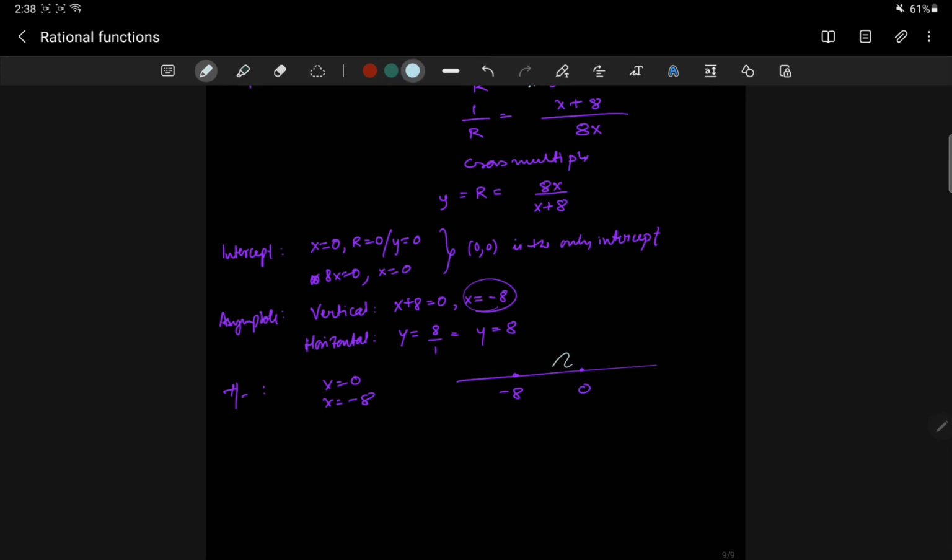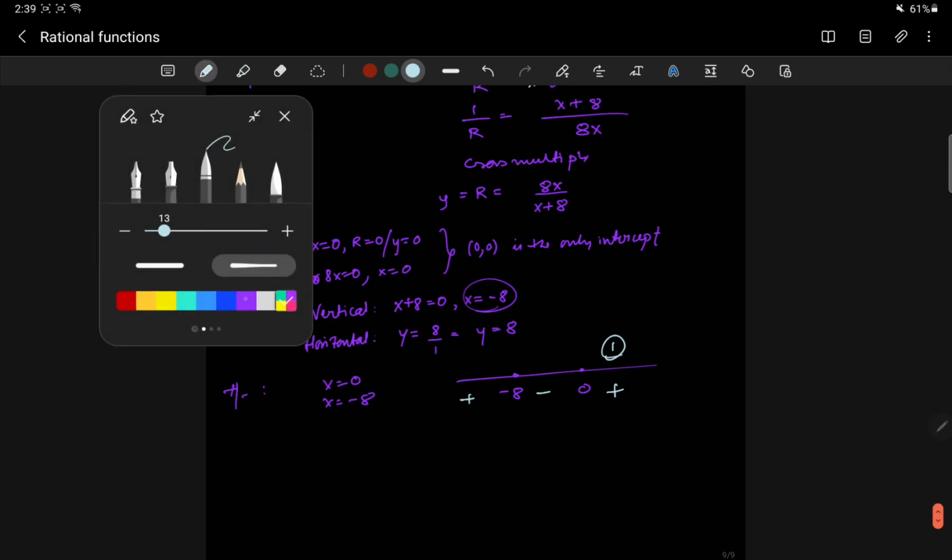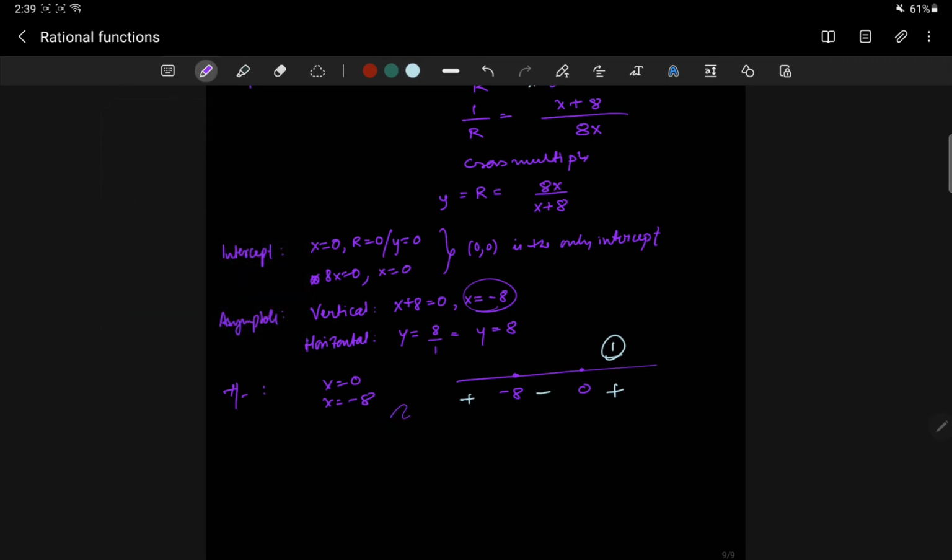Let's pick some value. Probably an easy one to pick here is 1. 1 gives 8 over positive, so it's positive here, which means it's negative here, and then it's positive here. Now let's put this information together and plot. What do we have? It goes through (0, 0).